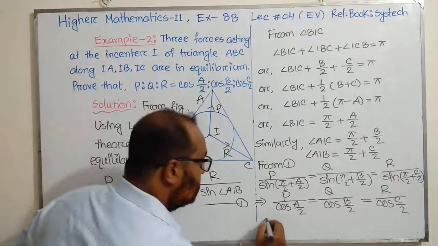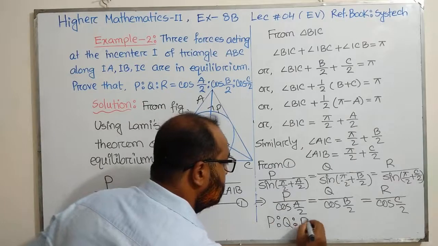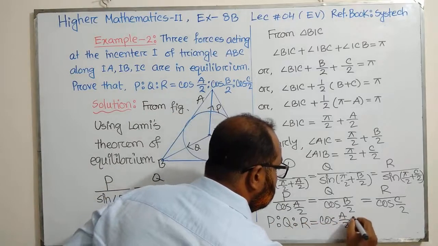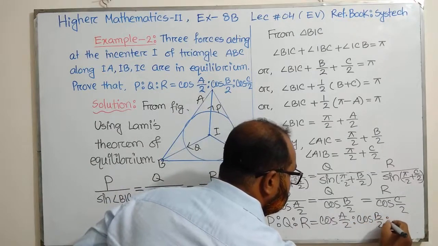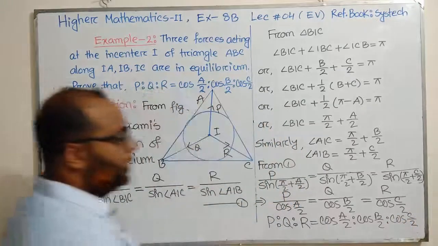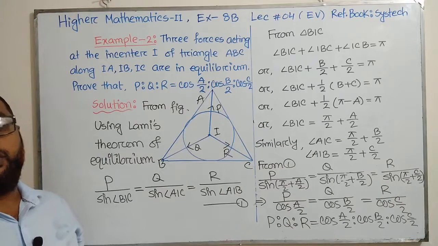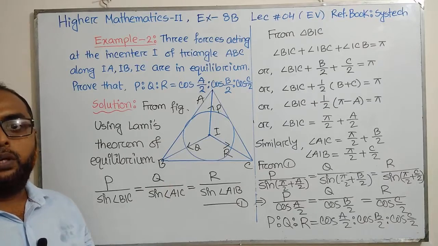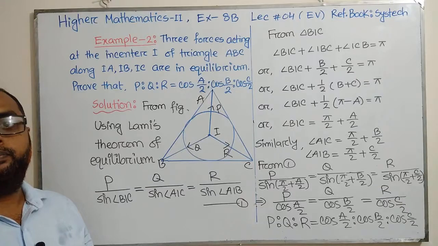Finally, we can write P is to Q is to R equals cos A by 2 is to cos B by 2 is to cos C by 2, and this completes our proof. I wish, my dear students, this question is clear to you. Now let us start our second problem.